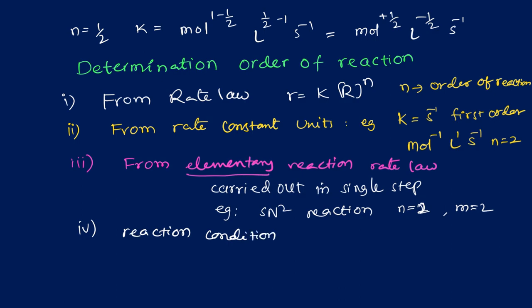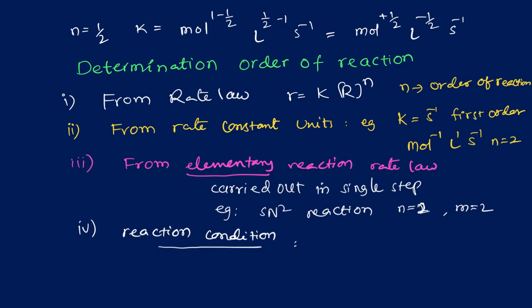Because reaction condition change means that mechanism also changes. When mechanism changes, elementary reactions also change. In that, any one of the steps is a slow step. In the slow step only, the rate law is determined. Therefore, with respect to reaction condition, the order will also change.